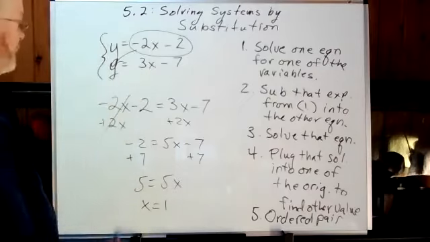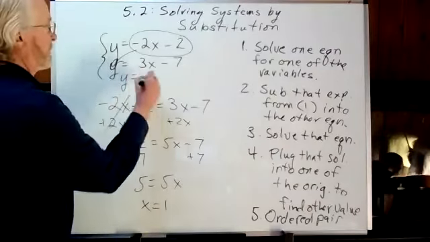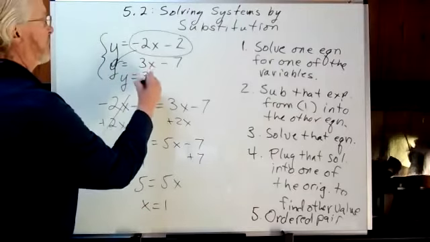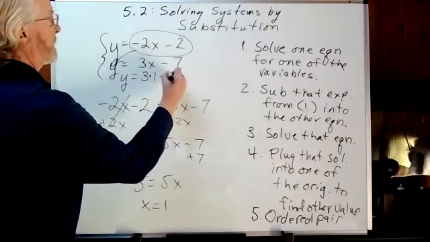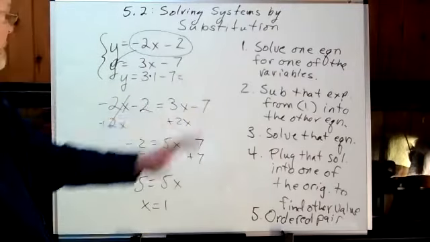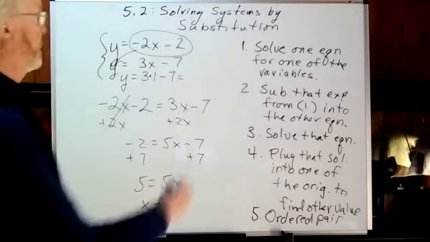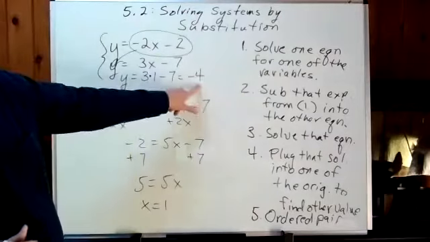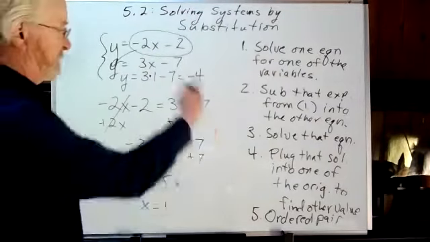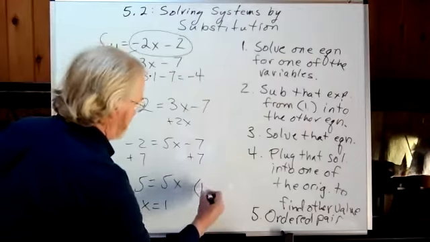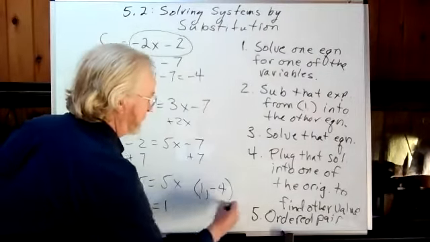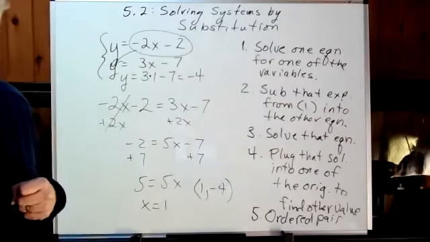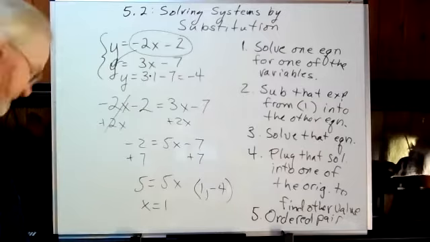But either one of these would be a good choice for us to plug this x value into. I just use the second one: 3 times 1 minus 7. 3 minus 7 is -4. So there is the y value. As an ordered pair, x first, then the y. There would be the ordered pair solution to that system.